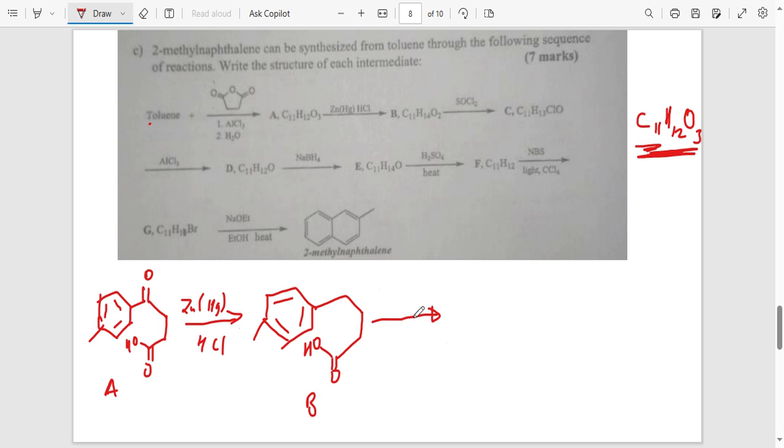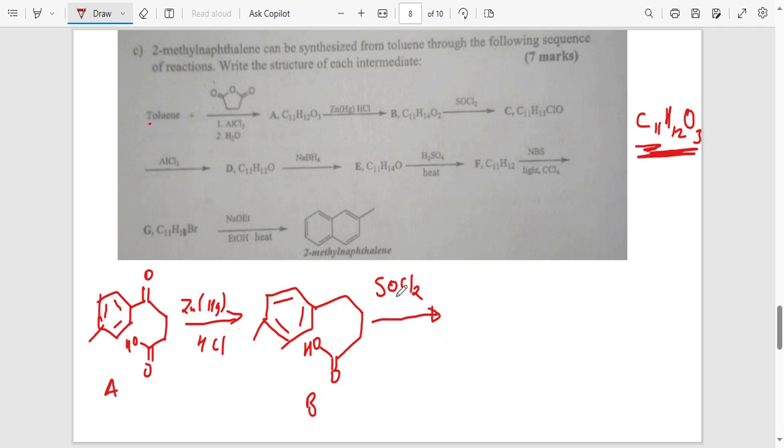Okay. Now the next reactant we are using is SOCl2. This is where we start applying different concepts. We talked about this mechanism.